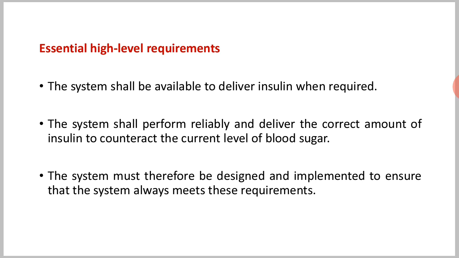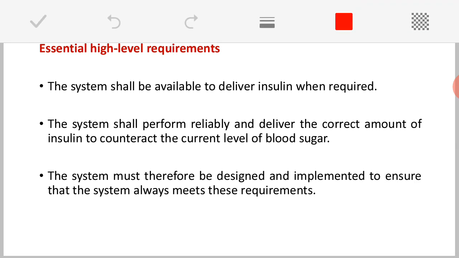Under that, hope all of you remember that we discussed one characteristic, that is dependability. Dependability consists of four different attributes: availability, reliability, safety and security. When I talk about this insulin pump control system, we always expect that dependability is very important.